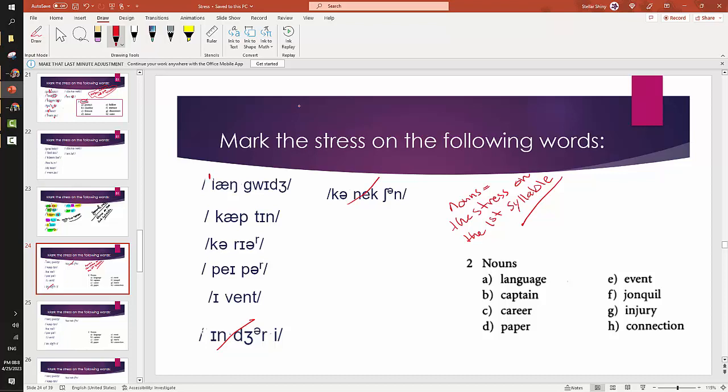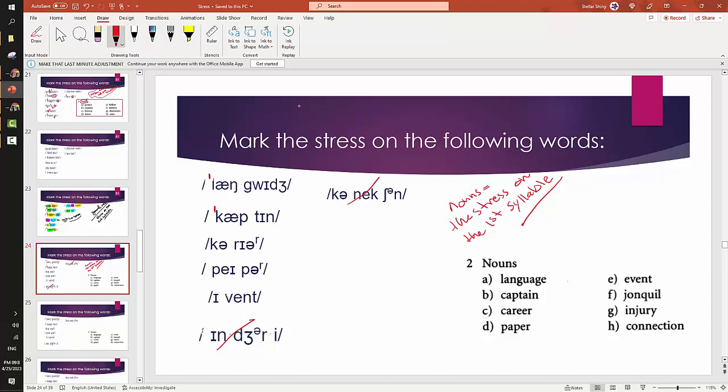The first syllable. Captain, captain. You can hear clearly that cap is over tain. So that's the general rule. Okay, we have career.